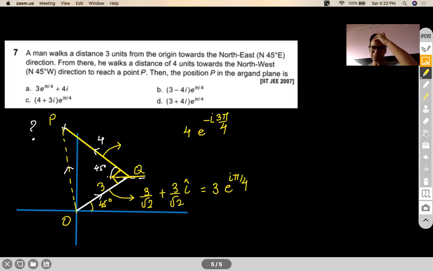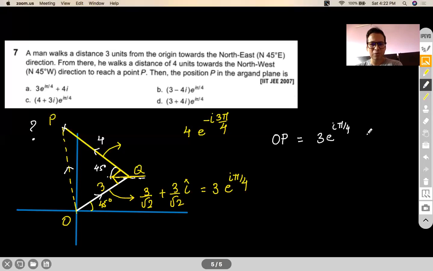Yes or no? Any questions here? So what are we looking for? We are looking for the sum of these. So your OP would be nothing but 3 e to the power i pi by 4 plus 4 e to the power i 3 pi by 4. Correct? Yes or no?